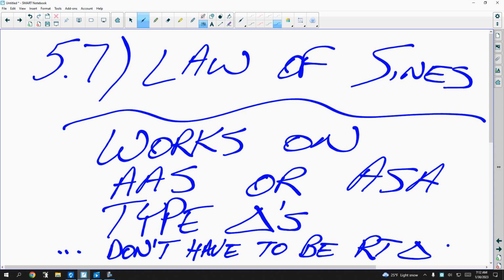Not anymore. SOHCAHTOA had to be right triangles. Law of sines, they're actually called oblique triangles, but don't you worry. There is a third case, and you guys will giggle about this because it's side angle. Notice how I listed those letters because I wouldn't want to write down angle side, and we'll talk about that in just a little bit.